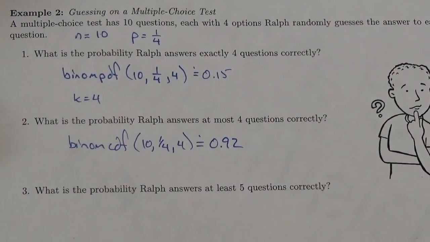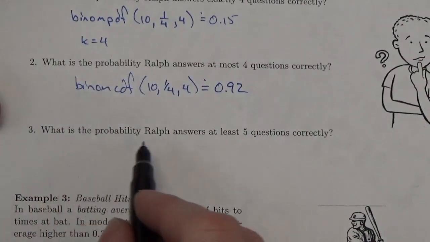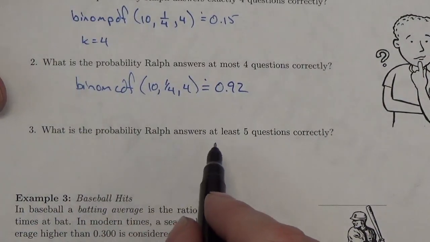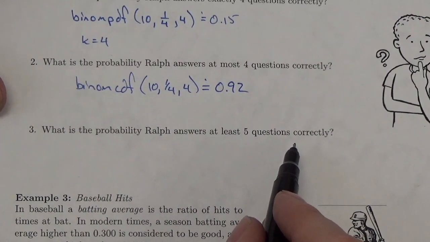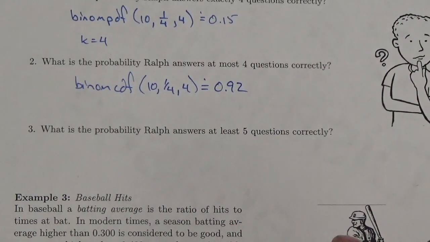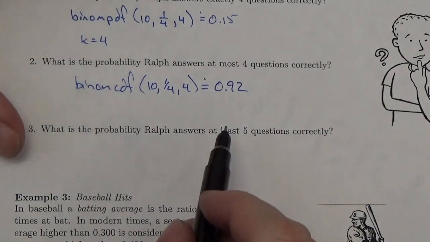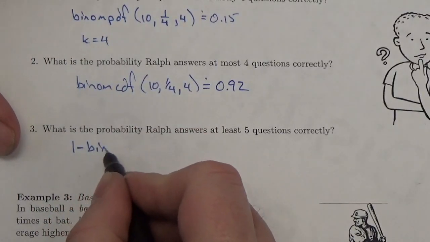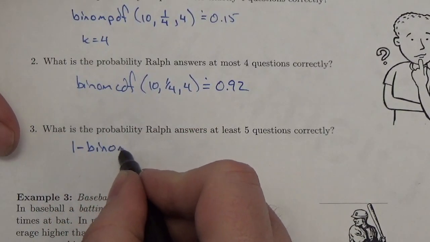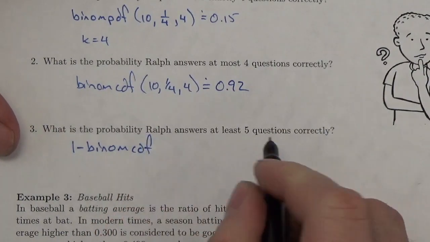Now, what is the probability Ralph answers at least 5 questions correctly? Okay, so this is important, for those of you that believe that by randomly guessing you give yourself a shot at doing well. Well, this is going to be 1 minus the exact opposite of that, which is the binomial CDF.